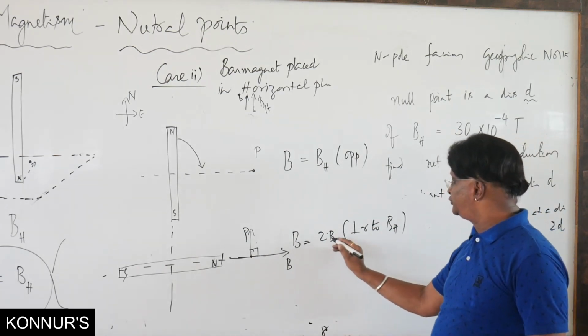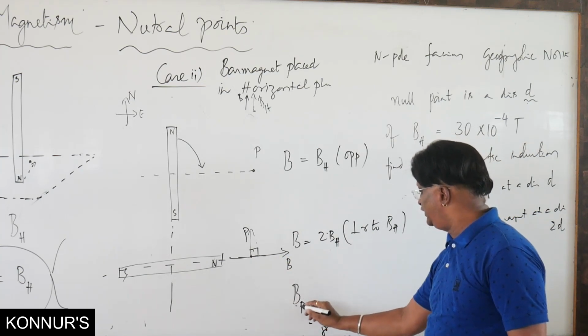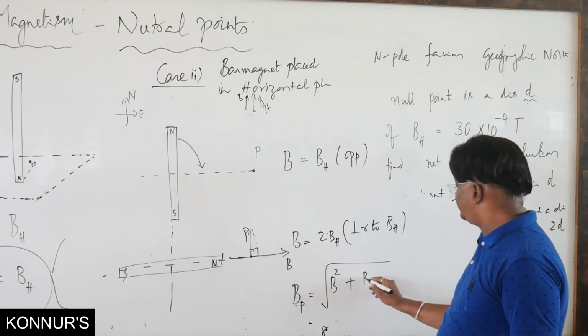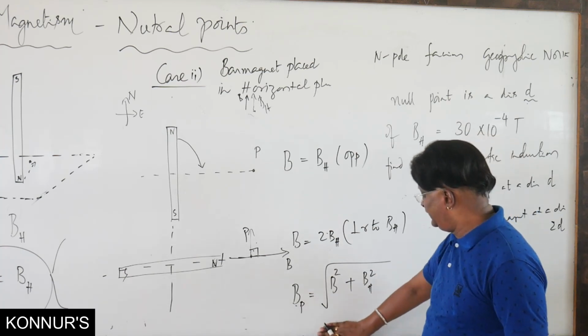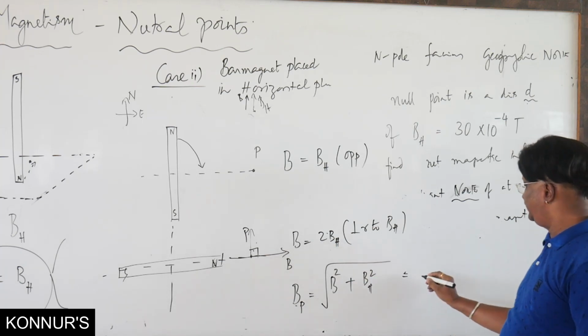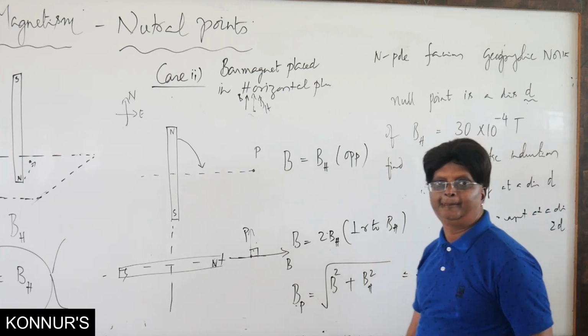Therefore, B is equal to 2BH and perpendicular to BH. Therefore, the net magnetic induction at P will be root of B squared plus BH squared. So 2 is there, and it is root 5 times BH.